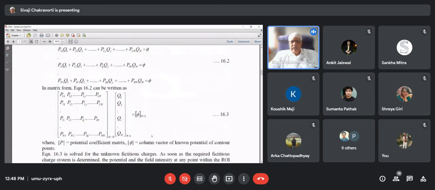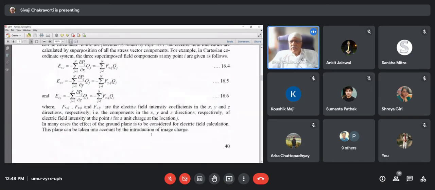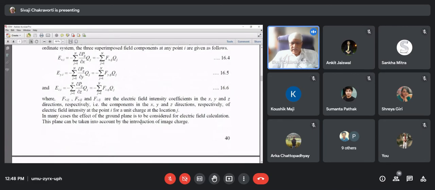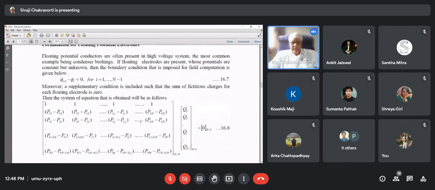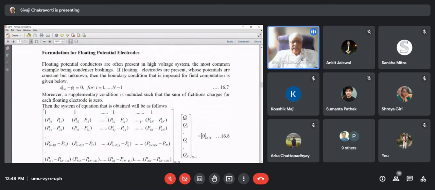So that's another very significant aspect of this CSM formulation. There are something called floating potential electrodes. That means electrodes which are charged, but whose potential is not fixed by some source.